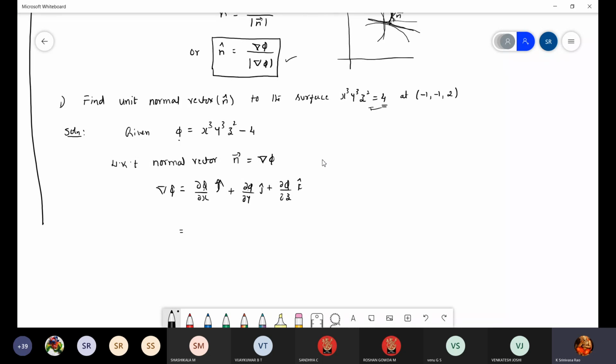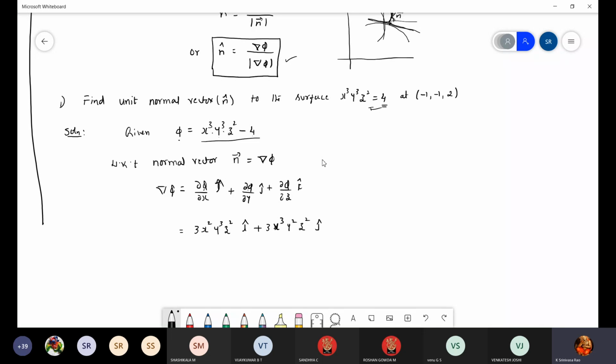If I differentiate phi with respect to x, you will get 3x square, y cube kept as it is, z square kept as it is, because it is a product of the variables, and minus 4 differentiation is 0, into i cap. Is it right? Similarly, with respect to y, x cube kept as it is, y cube differentiation is 3y square, and z square also as it is, into j cap.